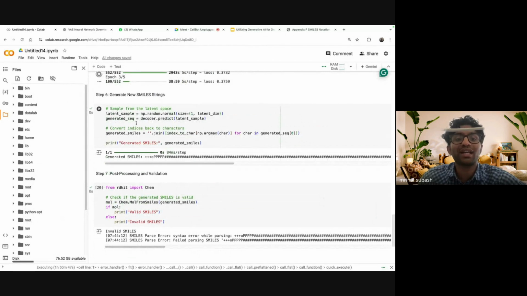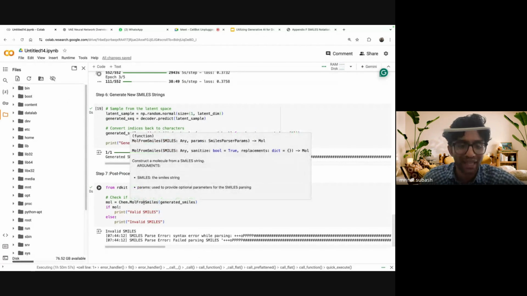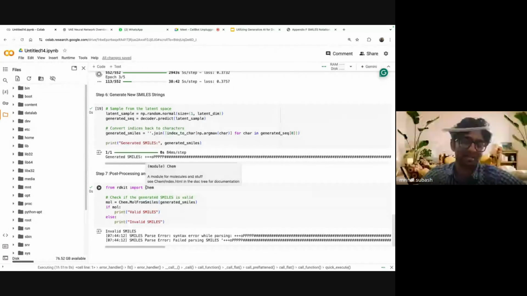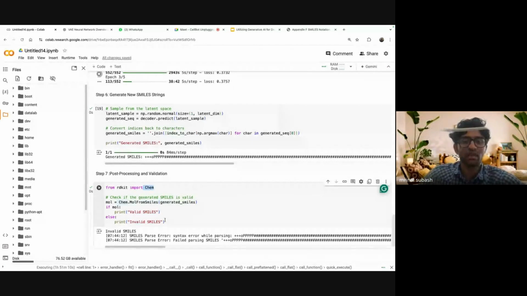So in order to check the validity of that generated SMILES compound, we use something like Chem. It validates if that particular SMILES is actually present in the large group of compounds that can be found in this repository. So this validates your chemical compound.